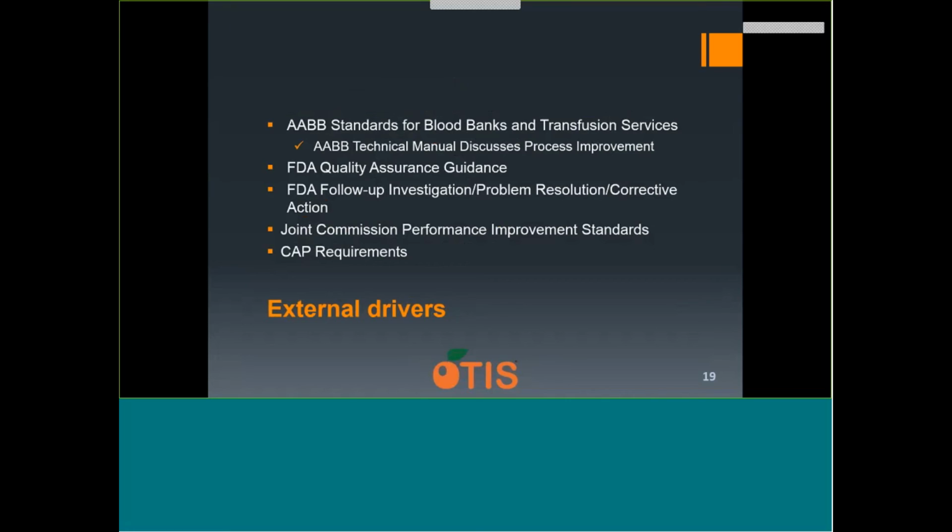And again, we come to another slide. Basically, our external drivers, if you will, are the various regulatory agencies that we fall under. I just thought I would mention that the ABB Technical Manual does discuss process improvement very briefly, but it might be helpful to you, so just look there.